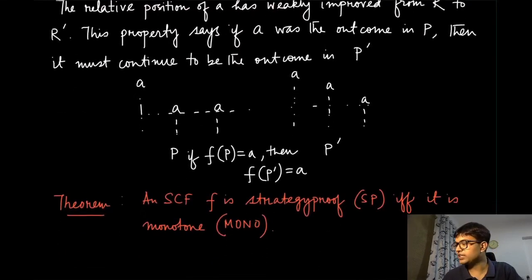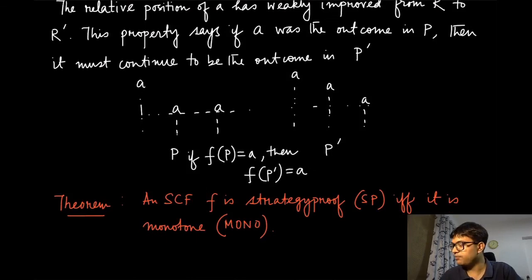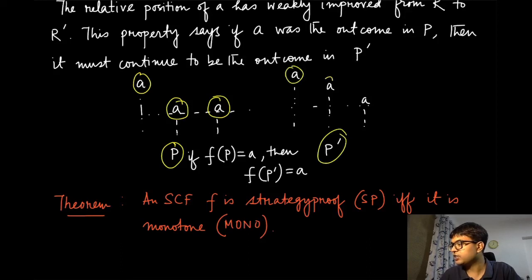So here is one example. Let's say this is our P. For all the different agents, these are the positions of A in P. And in P prime, they are climbing a little above. So maybe A is climbing above, which means some of the other alternatives which were here, let's say B or C, are now coming down and sitting below.